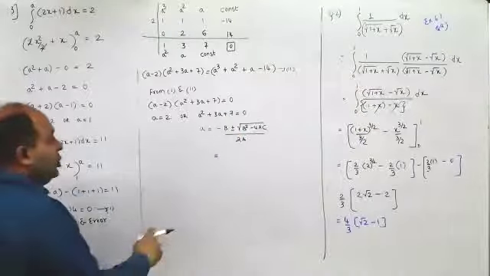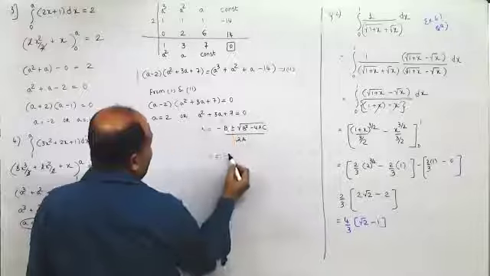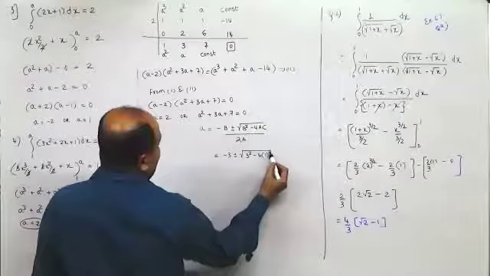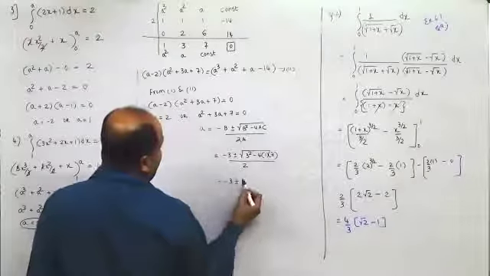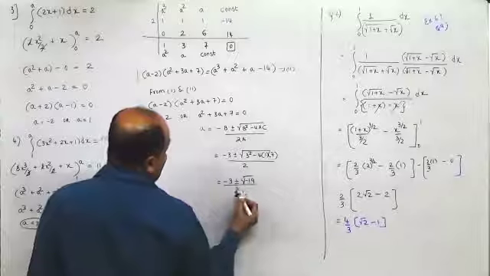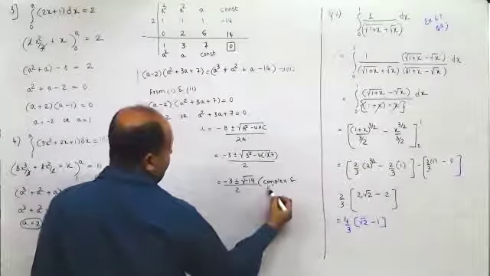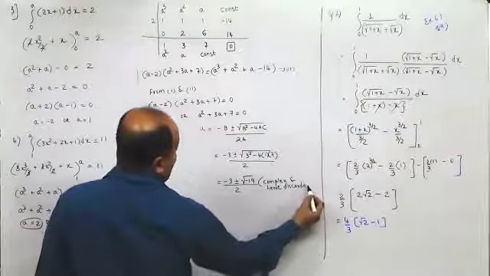Or you can find the roots: minus 3 plus or minus root of 3 square, which is 9, minus 4 into 1 into 7, divided by 2. Minus 3 plus or minus root of 9 minus 28, which is minus 19, upon 2, is complex and hence discarded. So you can say a equal to 2.